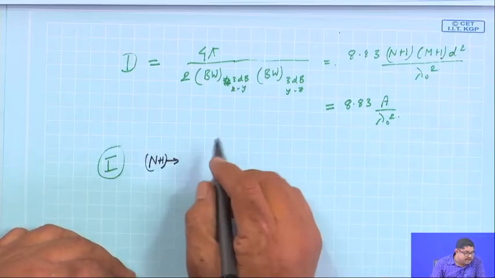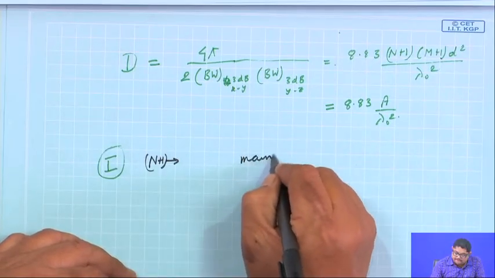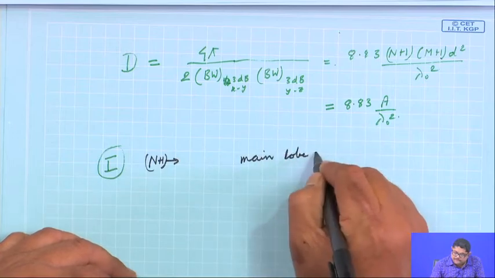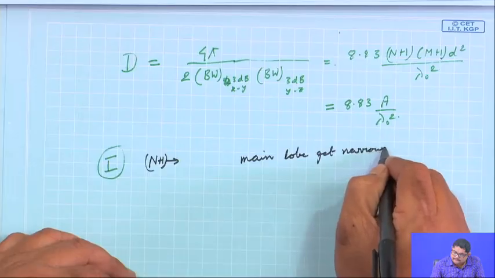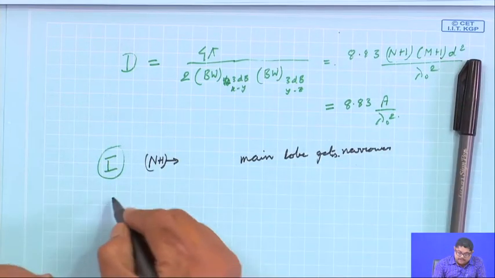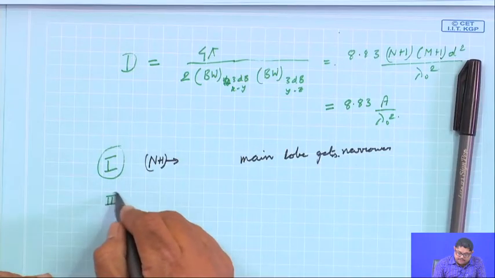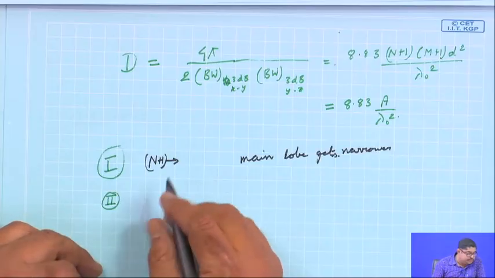So, as n plus 1 increases, the main lobe gets narrower. This is one of the observations for a uniform linear array, it is always true.